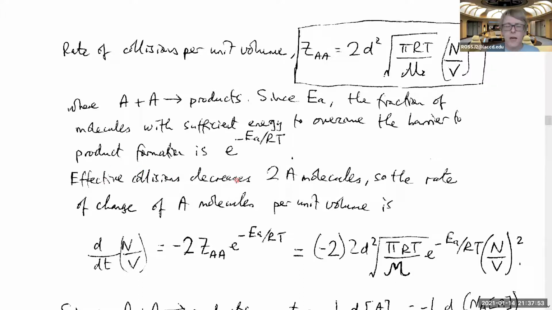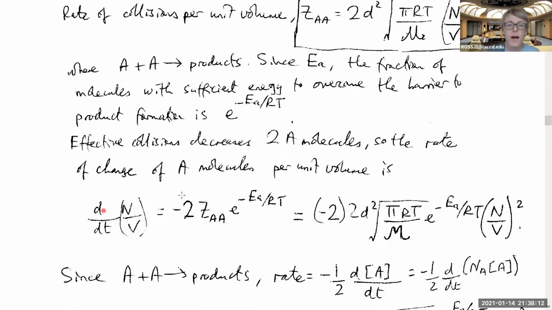Now, effective collisions involve 2 A molecules. So an effective collision lowers the pool by 2 A molecules. Okay, that makes sense. So the rate of change of A molecules per unit volume is going to be this factor here, a loss of 2.